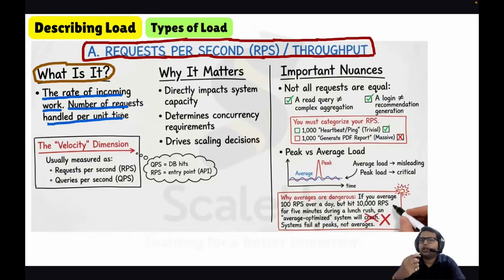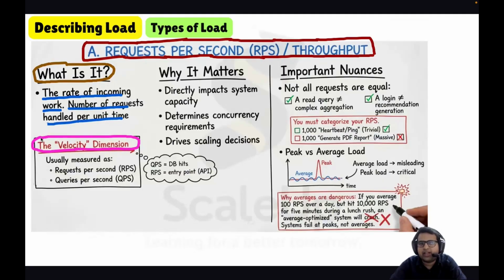As the name suggests, requests per second is the number of incoming requests handled every second. Now, requests per second is the velocity dimension. It is talking about the speed, like how many requests per second the system can handle.